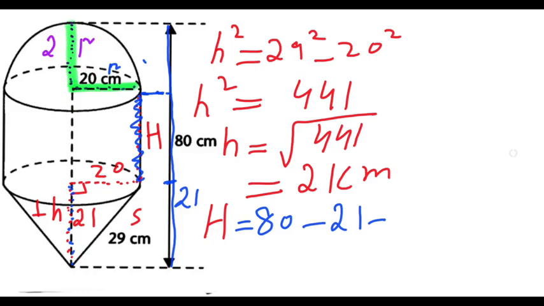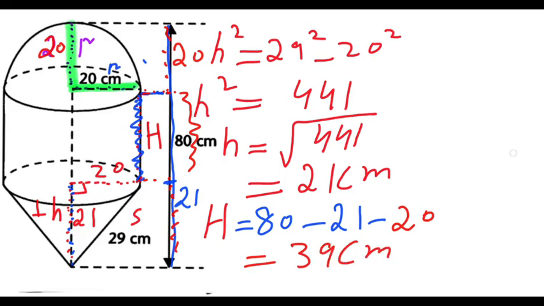So from here till this side is 20 at the top, and 21 at the bottom, and what is left on this side is the height of the cylinder. So 80 minus 21 minus 20, the answer will be 39 centimeters. So the cylinder height is only 39 centimeters.